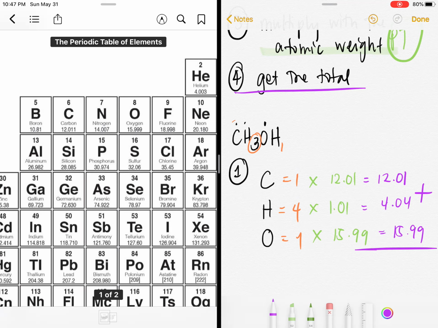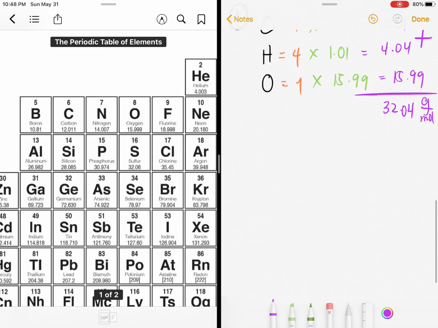Okay, so get your calculator and punch the numbers. So, this is equal to 32.04. What's the unit? Gram per mole. So, the molecular mass of methanol is 32.04 grams per mole.